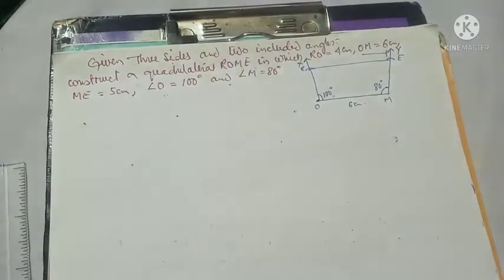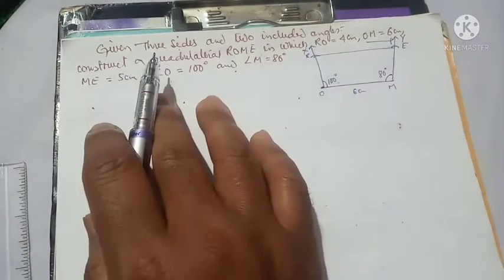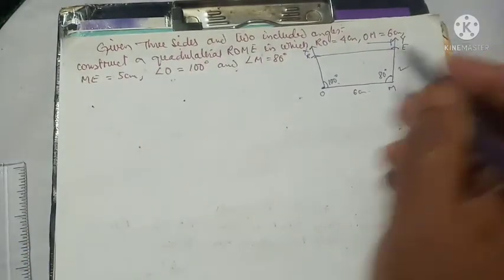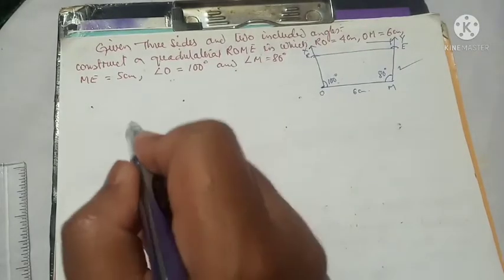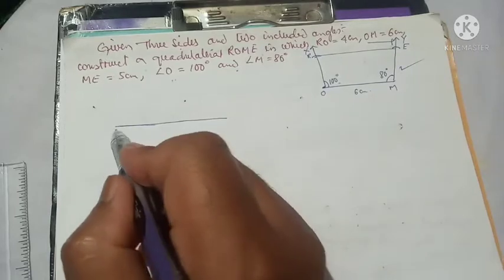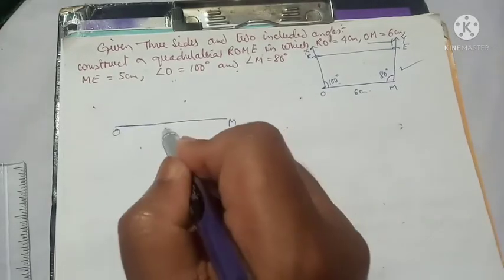So here are the steps of construction. First, before we construct, we have to draw one rough diagram. First of all we have to draw a line segment OM, that is 6 centimeter.